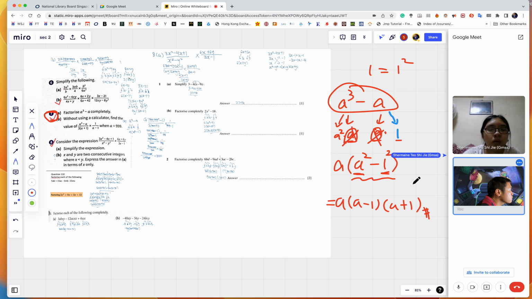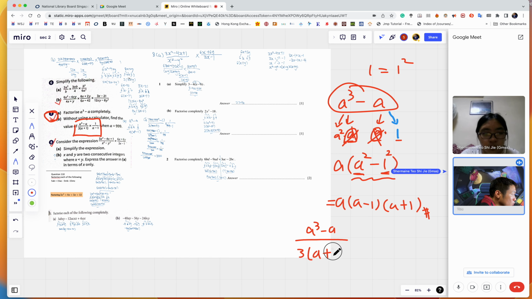Okay. Yeah. Then if you look at this without using a calculator, so basically you just copy the a cubed minus a, then 3a plus 1, then times 1a minus 1. So what you need to do next, you just change this a cubed minus a into which format?